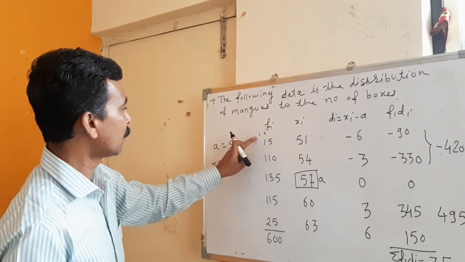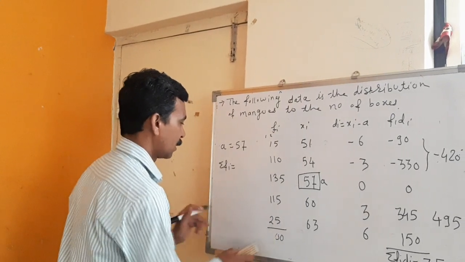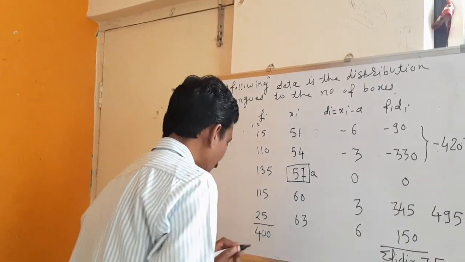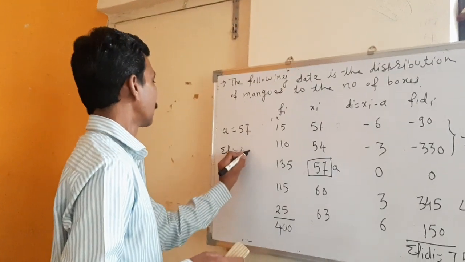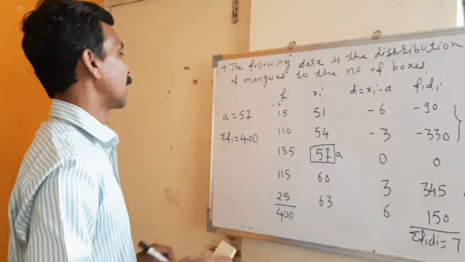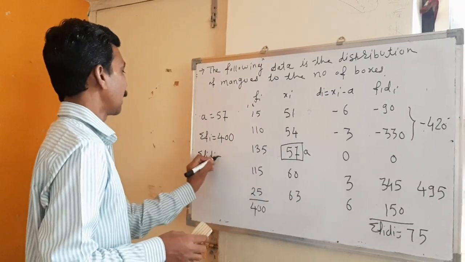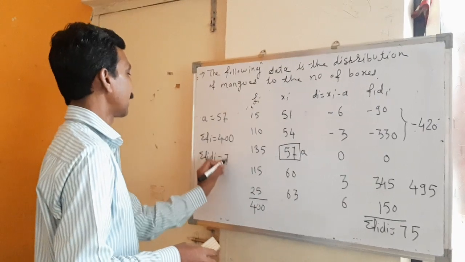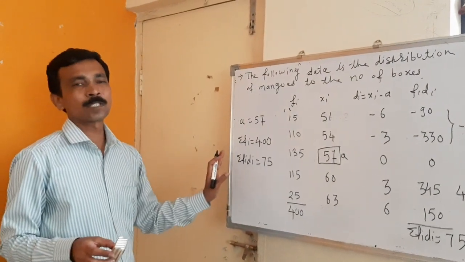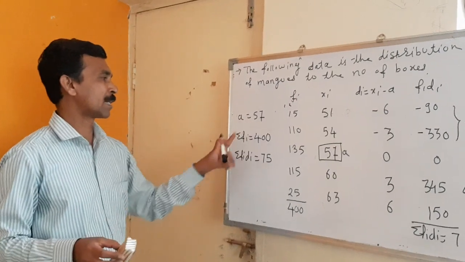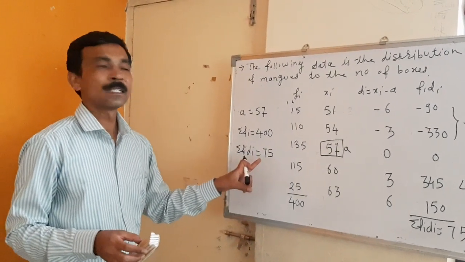Carry 1, 1, 2, 3, 4. It is 400. This is 400, and summation of Fi Di is equal to 75. So we have got all things which we want for the formula: A is 57, summation of Fi is 400, summation of Fi Di is 75.